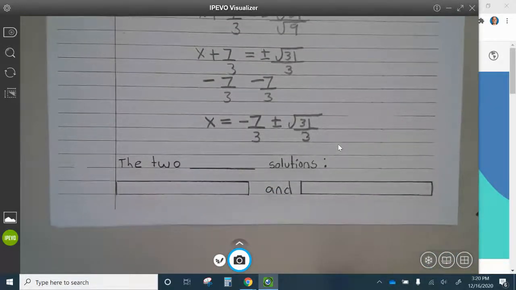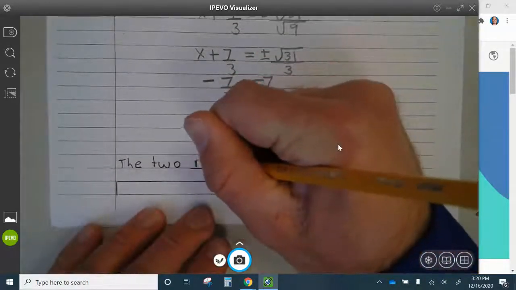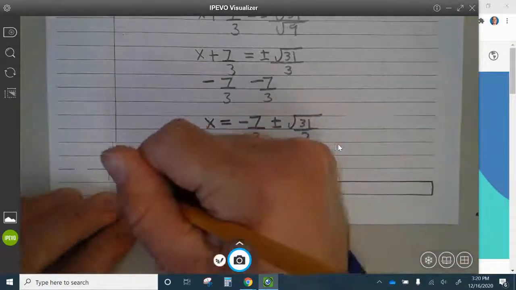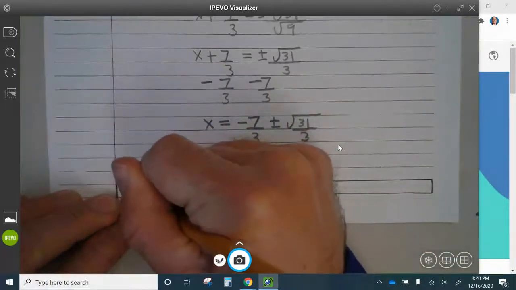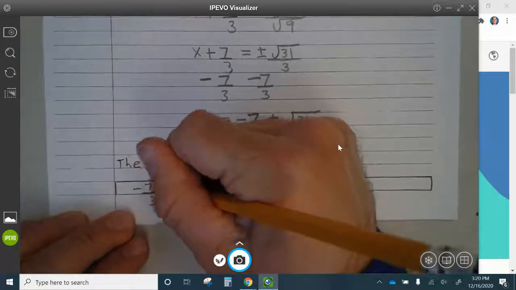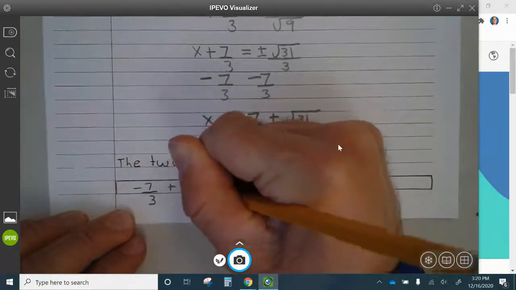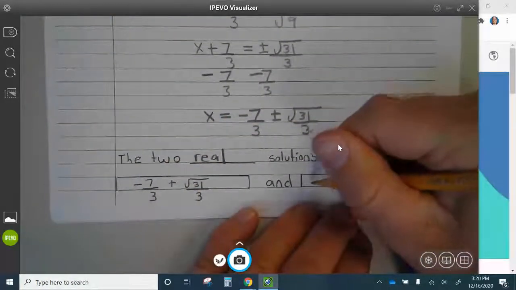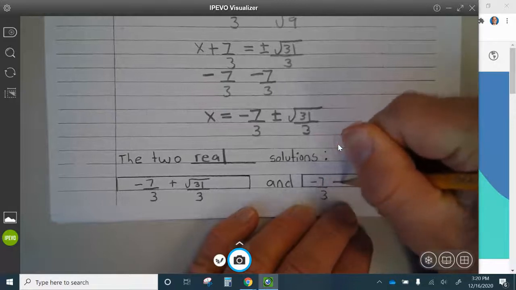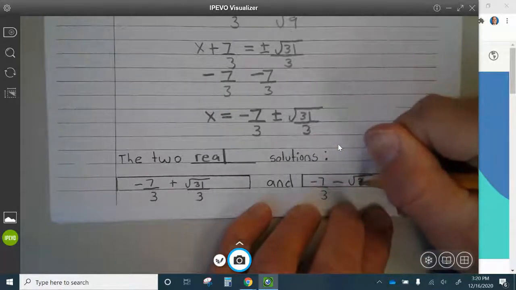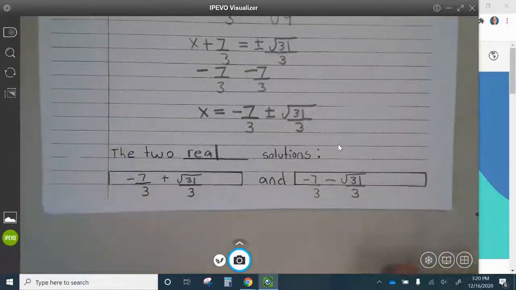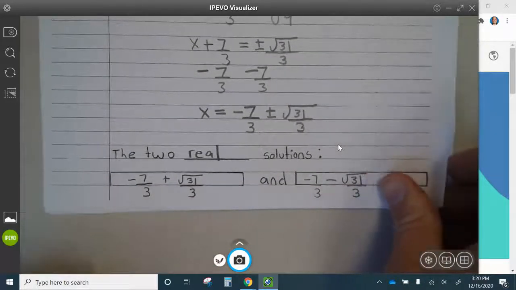So the two real solutions are negative 7 divided by 3 plus the square root of 31 divided by 3, and negative 7 divided by 3 minus the square root of 31 divided by 3. All right, let's go and look at the next question.